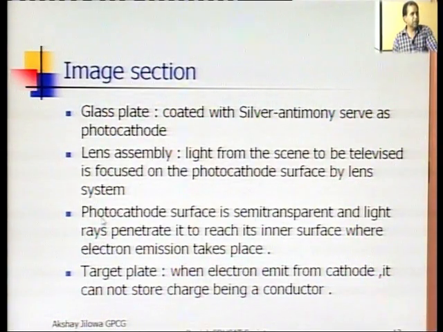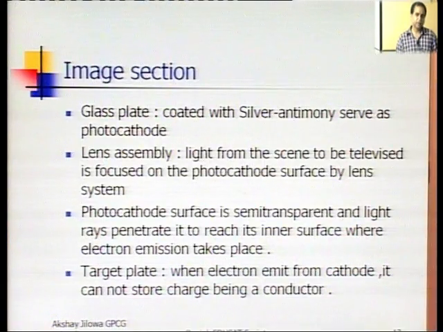Light rays, which are nothing but photons or energy bundles, penetrate through because the surface is semi transparent, and after penetration they reach the inner surface. When photons strike the inner surface of the semi transparent photocathode, emission of electrons takes place.